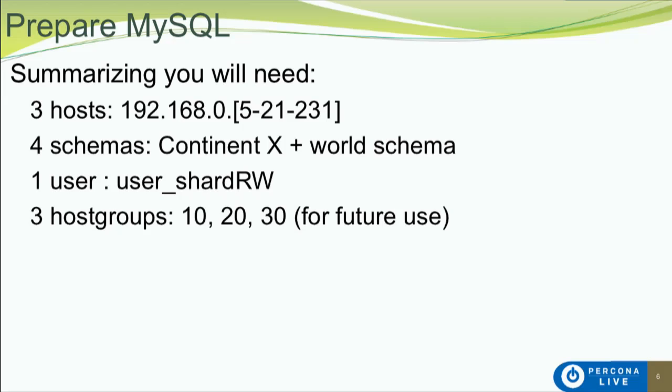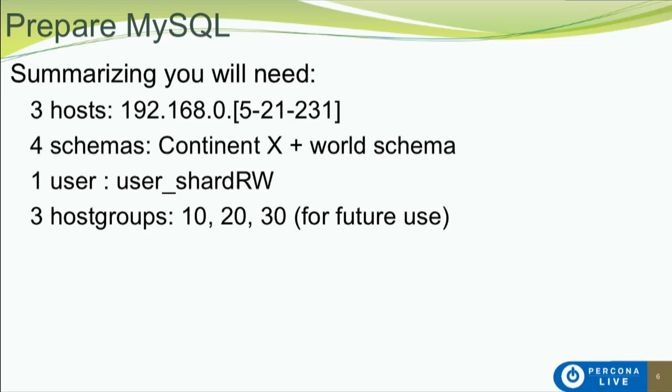What you need to do is just create three different MySQL instances, and obviously one ProxySQL, convert the World schema into 4 different schemas named by continent, and create one user for accessing the data, and 3 different host groups.